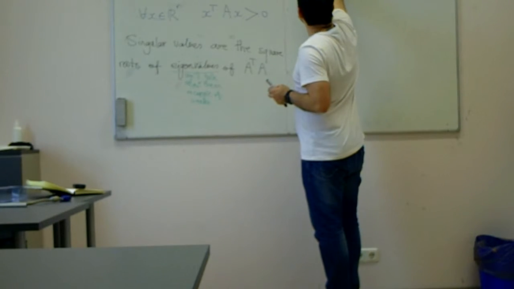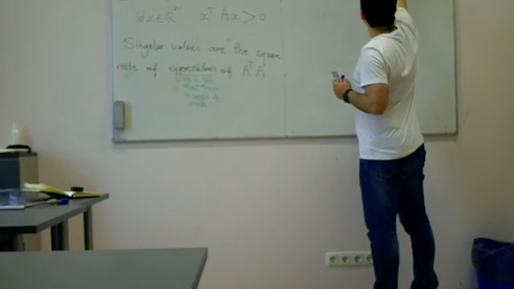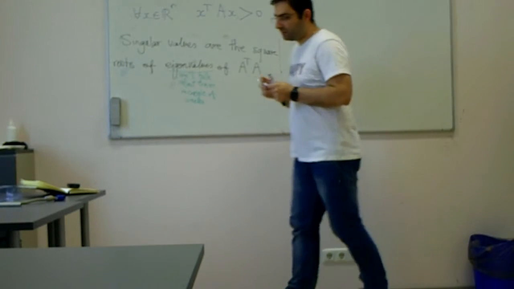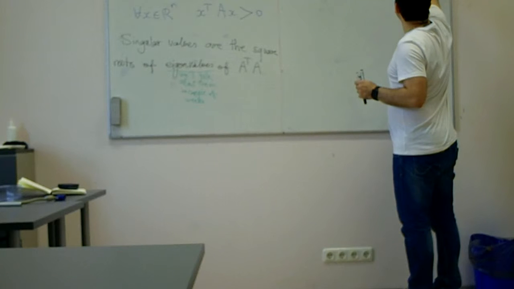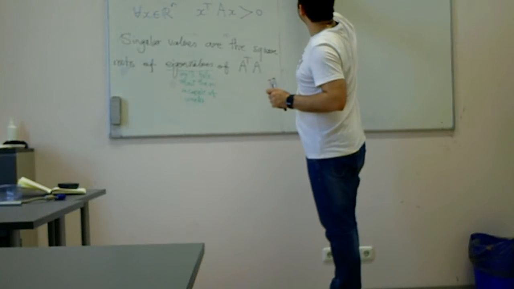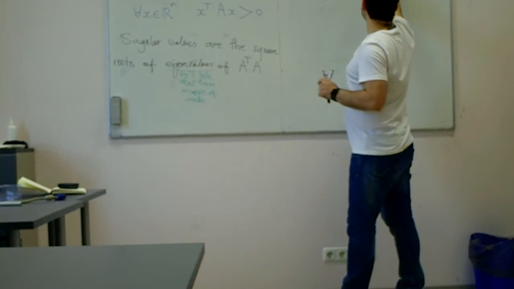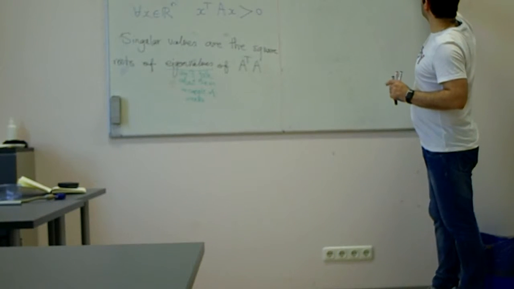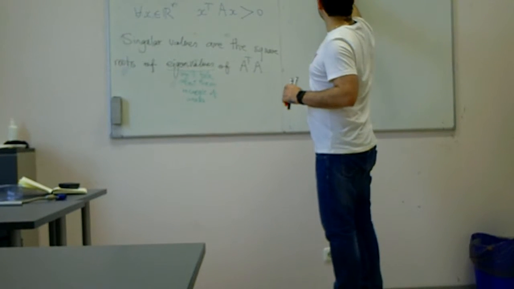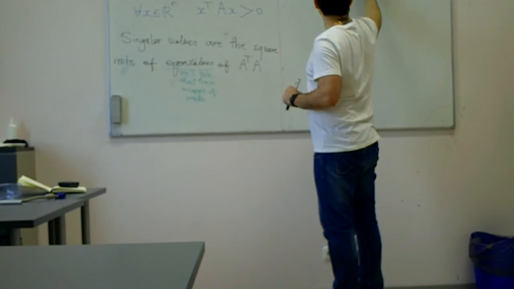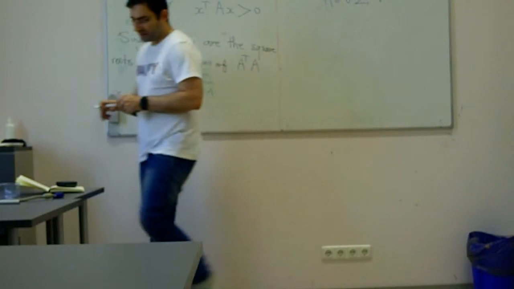The theorem says, given A belonging to R m by n with rank r, then there exist matrices U belonging to R m by m and V belonging to R n by n, such that A can be written as U sigma V transpose, as a multiplication of these.